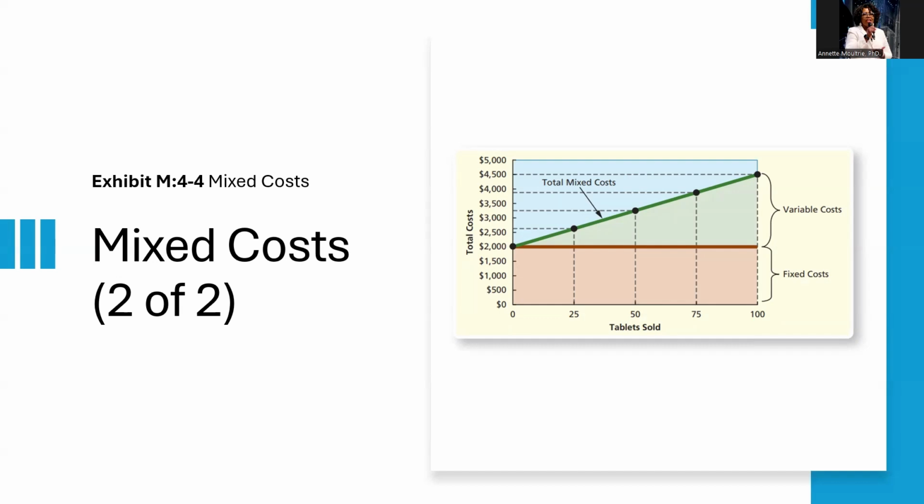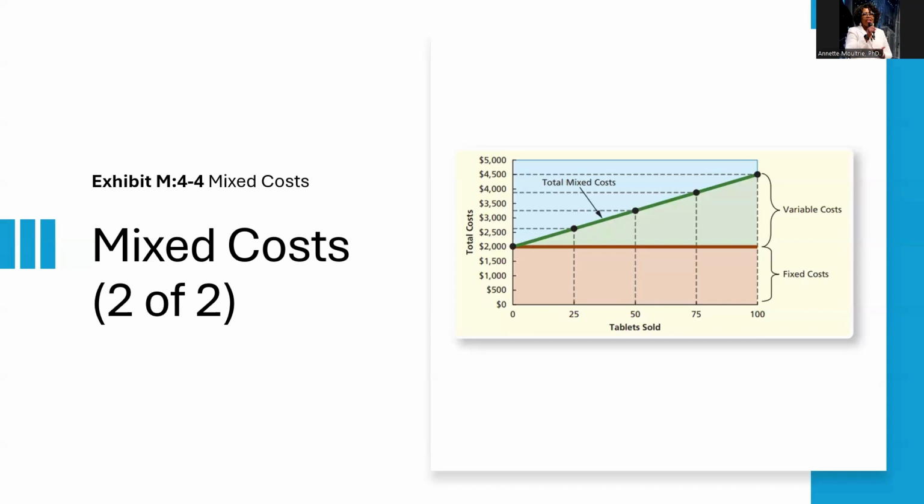The $25 commission per tablet is a variable cost, increasing proportionally with the number of tablets sold. For instance, if a sales representative sells 25 tablets, the total variable cost is $625, which is 25 times $25.